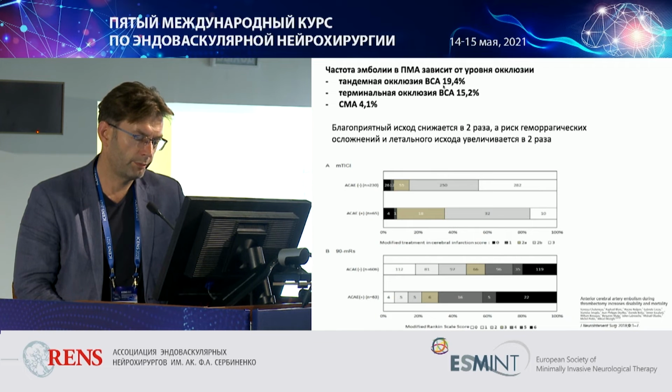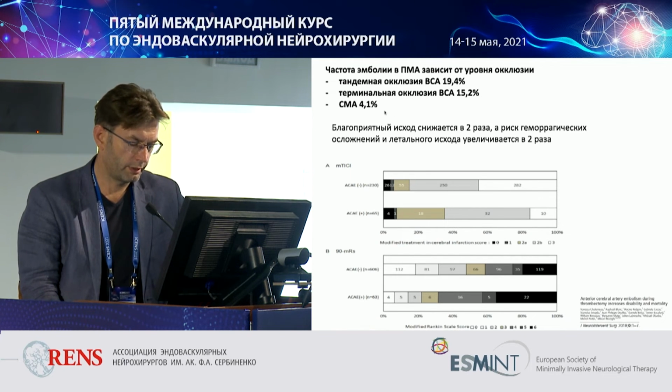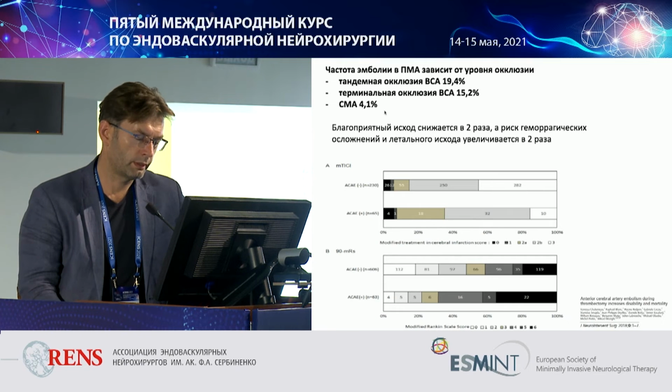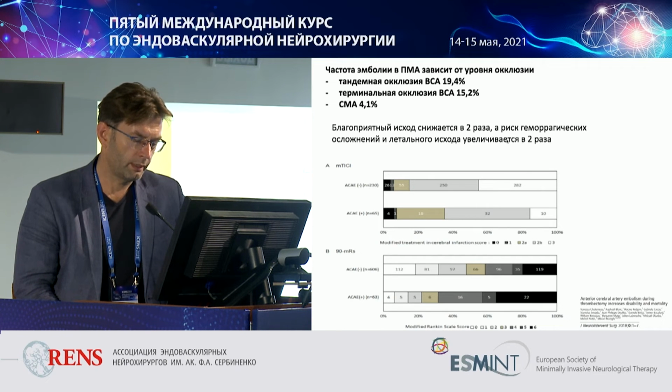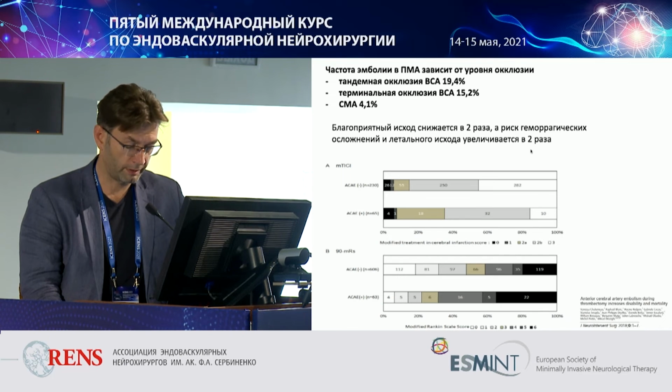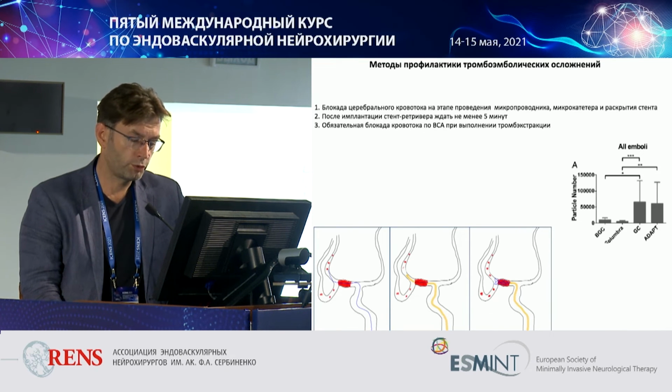The frequency of such complications is around 20 percent, and it commonly involves tandem lesions of anterior and posterior CI, and such complications significantly increase the risk of unfavorable functional outcome, hemorrhagic complications, and mortality two times.